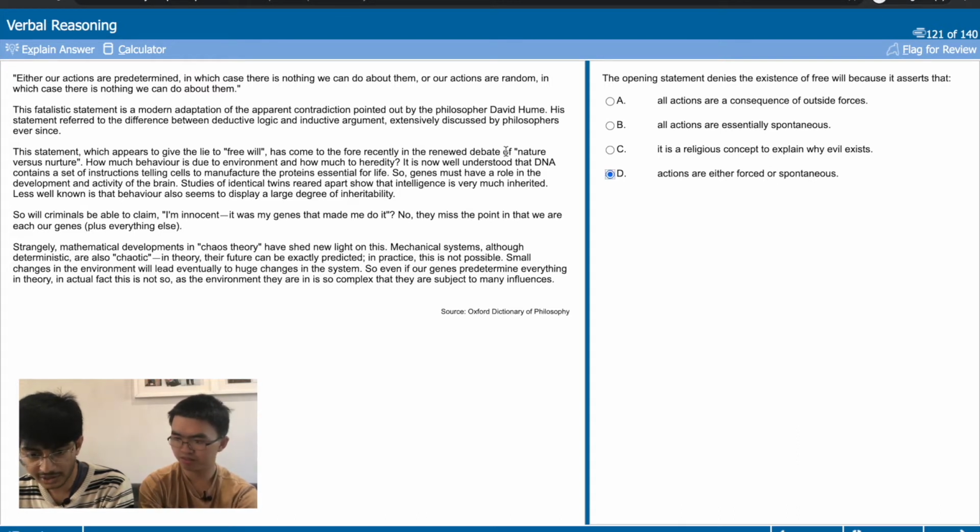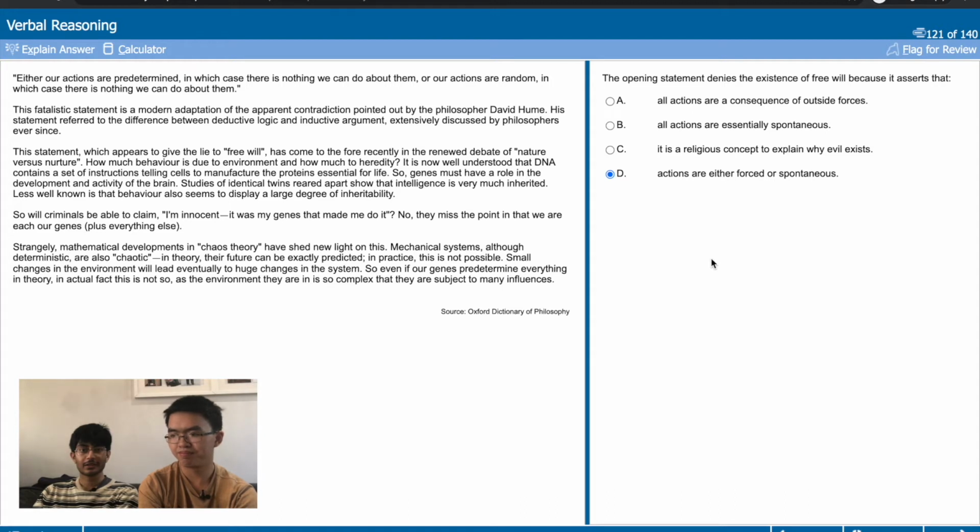So all actions are random and all actions are predetermined. I think it is this one. Okay, here comes the moment of truth. Alright, I'm wrong, aren't I? I'm not so sure of this one. Okay, I think it's D.